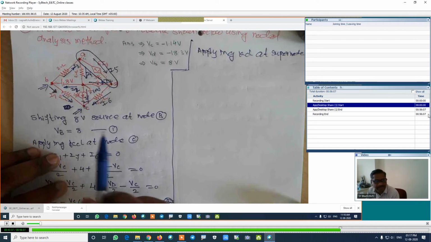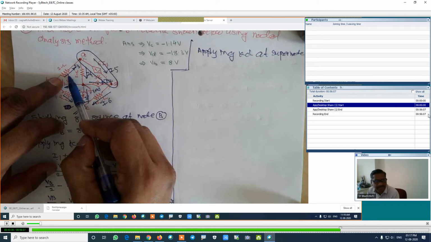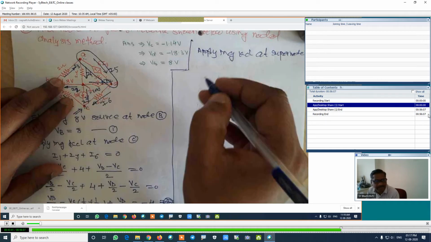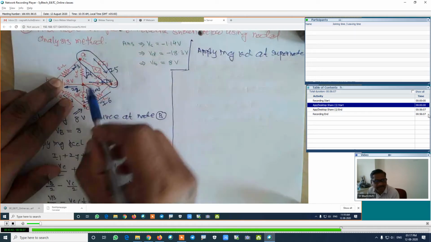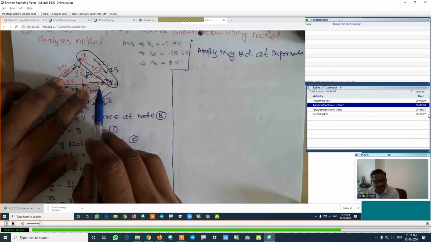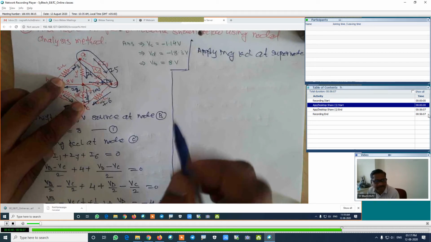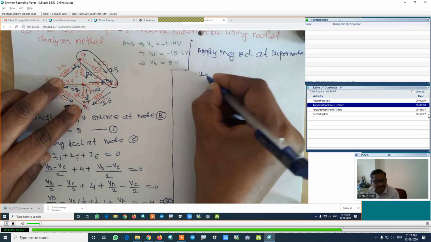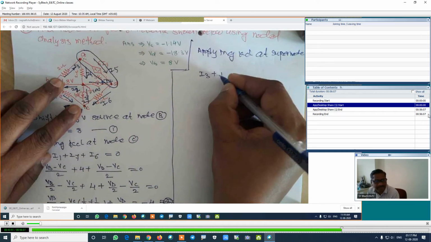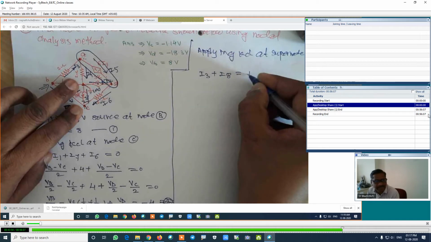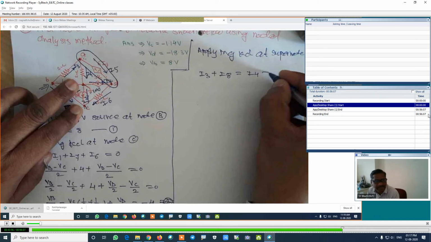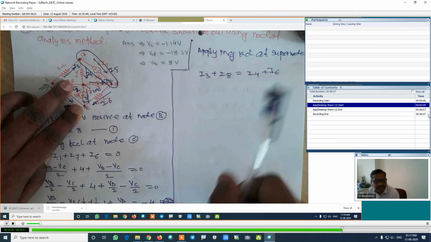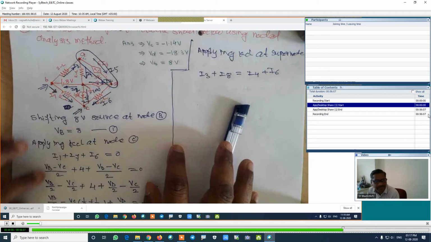What are the 4 branches? I3 is incoming, I4 is outgoing. Incoming is equal to outgoing. I8 is incoming and I6 is outgoing. So I3 incoming plus I8 incoming equals I4 outgoing plus I6 outgoing. This is the equation. I agree with this equation.